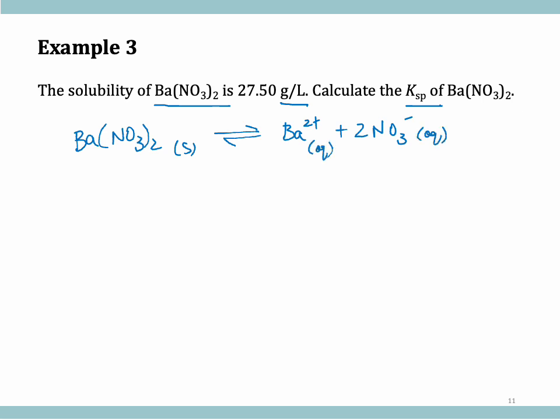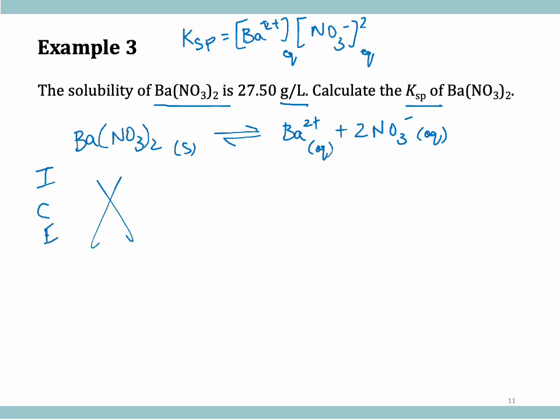both aqueous. The question is asking what is Ksp, and what is Ksp based on this? Ksp is barium ion concentration times nitrate ion squared, which means I need this at equilibrium. How can I find these at equilibrium? Again, I have to make the ICE table for this.